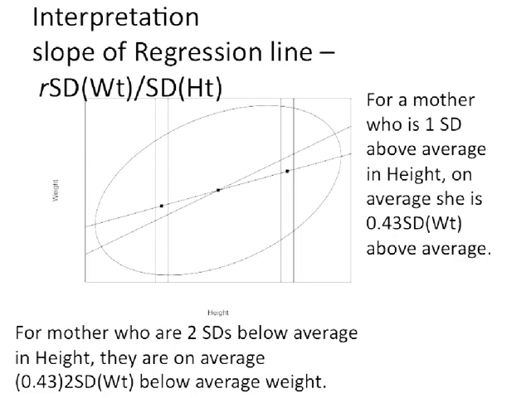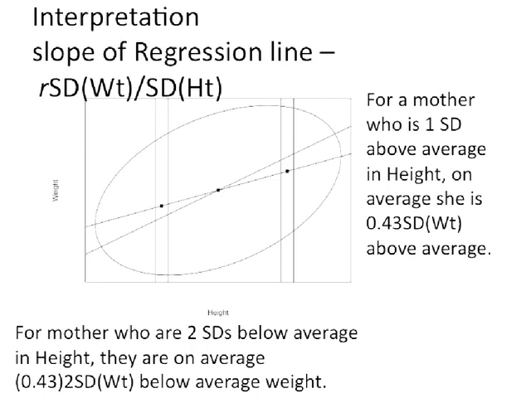For the mothers who are 2 SDs below average in height, so they are 64 minus 5, about 59 inches tall, their weight is not, on average, 2 SDs below average. That would be on the SD line. But it's R times 2 SDs below average.